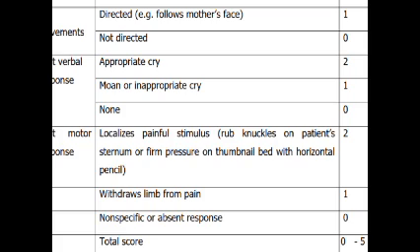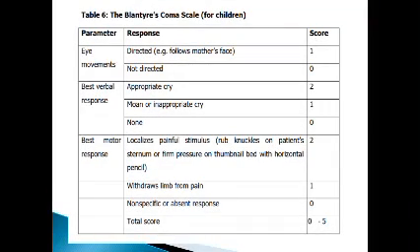Best motor response: localizes painful stimulus, rub knuckles on patient's sternum or firm pressure on thumbnail bed with horizontal pencil, score 2; withdraws limb from pain, score 1; non-specific or absent response, score 0. Total score of the children 0 up to 5.